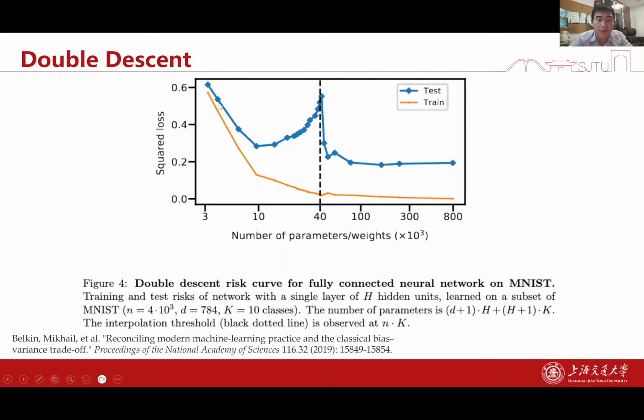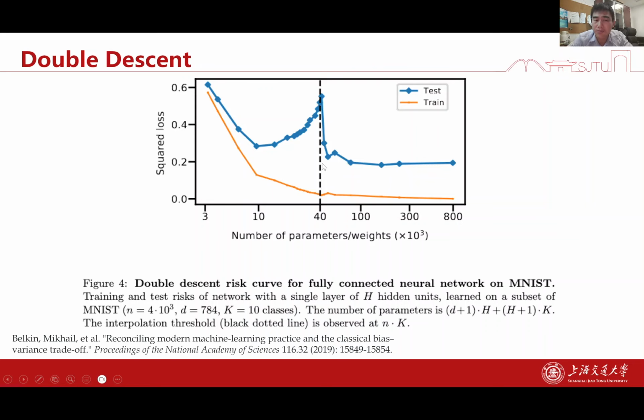However, the test loss first decreases, that is expected, and then it increases. That is also expected because of overfitting. However, as the neural network continues to grow, we can see the test loss decrease again. And there are two stages of decreasing. So this phenomenon is called double descent.